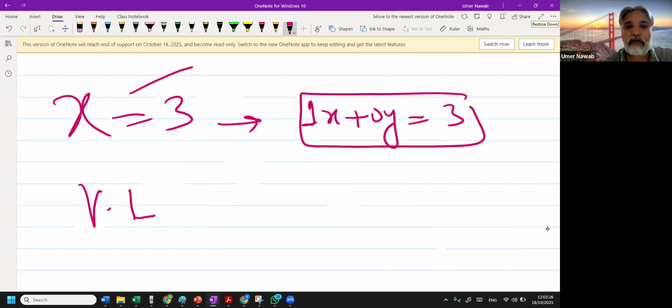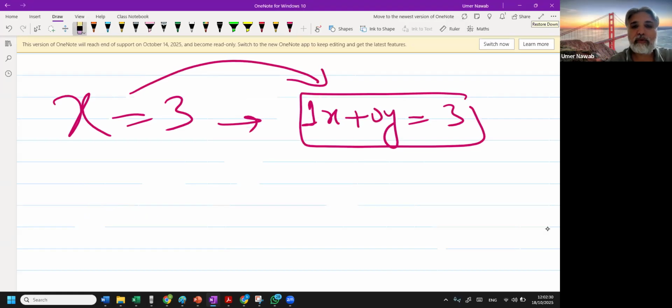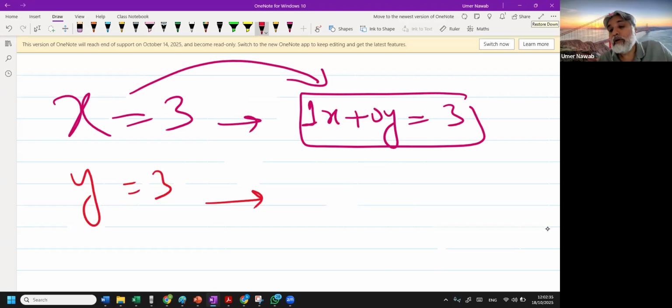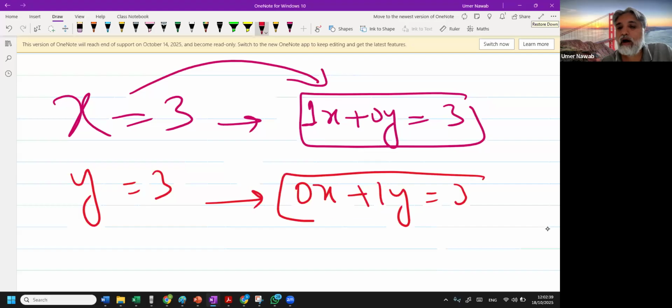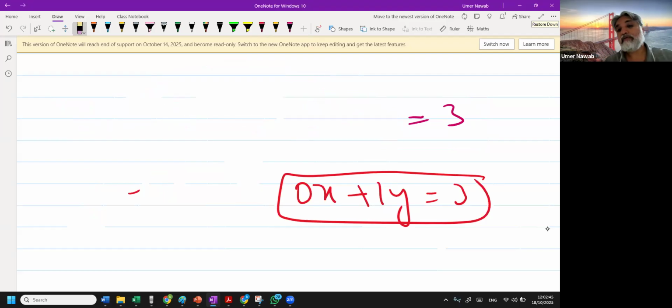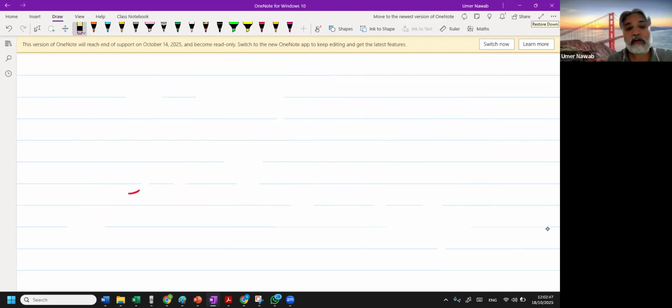So I can convert it into the standard form. If I have a horizontal line, supposedly y is equal to 3, no problem. I can convert it into standard form: 0x plus 1y is equal to 3. Wow. I can write any equation in standard form, but be careful. You have to know your x coefficient is 0 or y coefficient is 0. But for all the slanted lines, the x coefficient and y coefficient are non-zero.